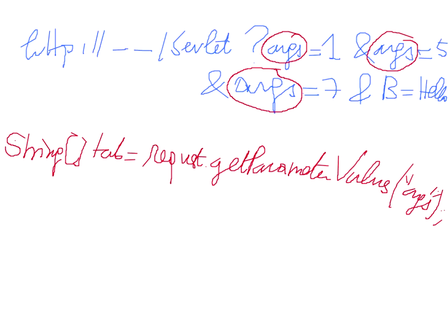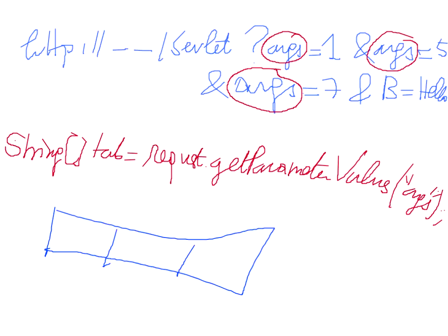What is the length of tab? 3, very good. So tab will be an array with 3 elements. The first value will be 1, the second value will be 5, the third value will be 7. So if we have many arguments with the same name in a servlet, we can use the method getParameterValues.